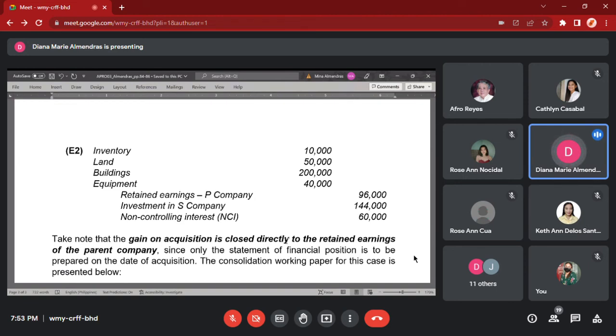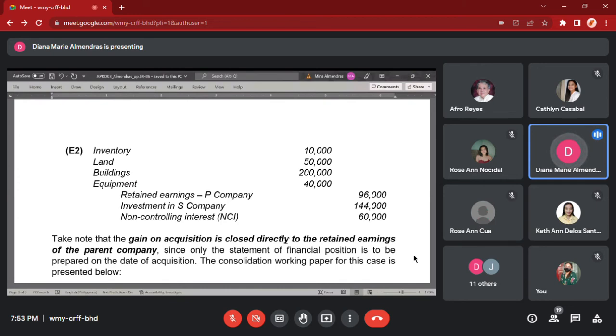Ito yung gain on acquisition. Credit investment in S Company 144,000. Credit non-controlling interest or NCI 60,000. Take note that the gain on acquisition is closed directly to the retained earnings of the parent company, since only the statement of financial position is to be prepared on the date of acquisition.